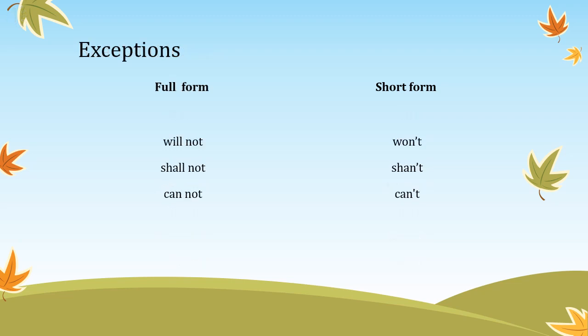Here are three exceptions and their formation is different. We have discussed earlier. These words are will not and the word is won't, shall not and the word is shan't, can not and the word is can't.